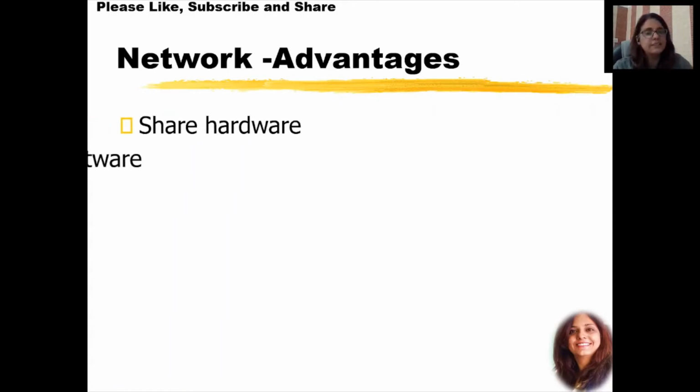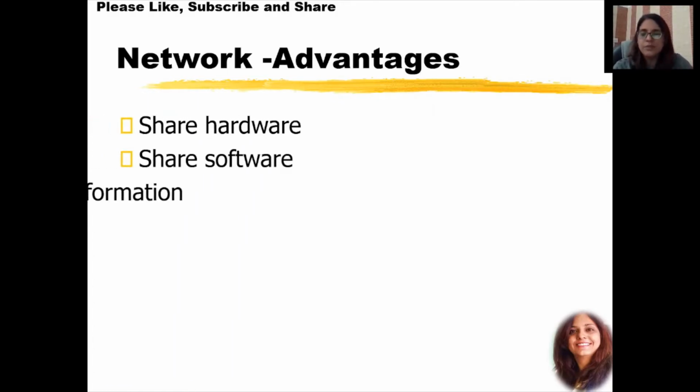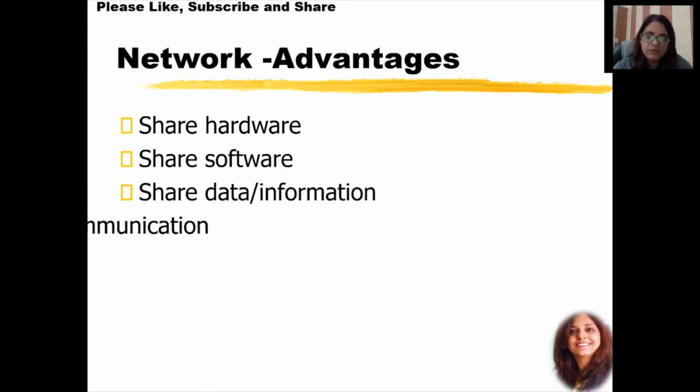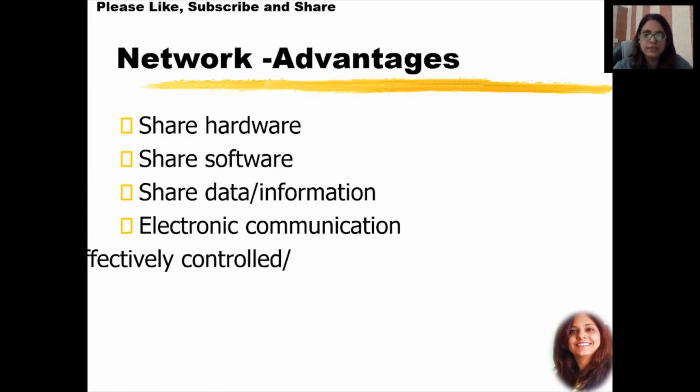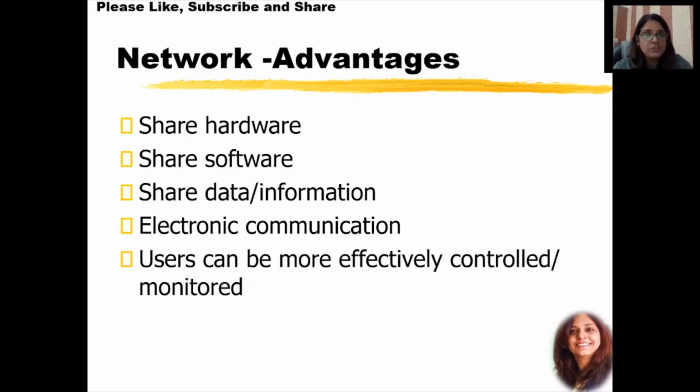Now why do we connect the computers to form a network? The purpose over here is clearly mentioned. The benefits of networking are we can share the hardware, we can share software, we can share the data and information for electronic communication, and the users here can be more effectively controlled and monitored.